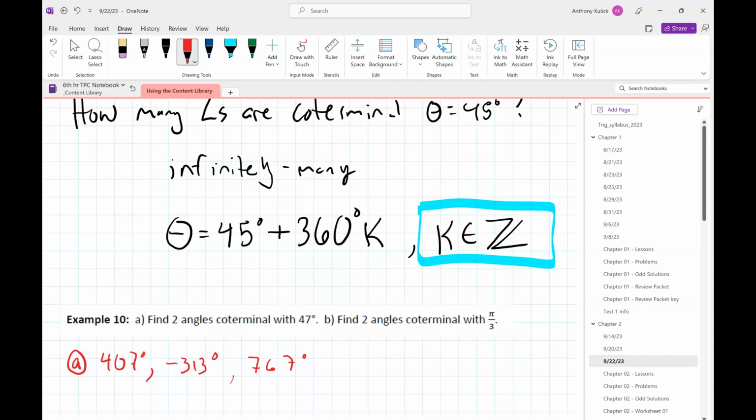And you could do this as many times as you want. Just keep adding or subtracting, keep getting another coterminal angle again and again. If you wanted to add 360 11 times, that's a coterminal angle.